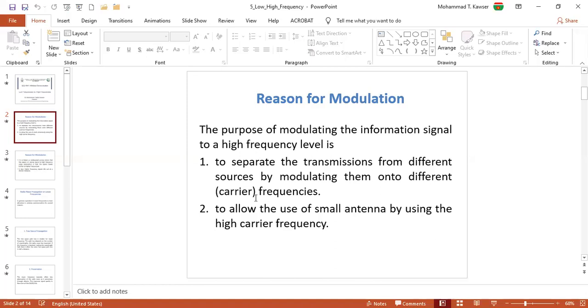The second reason is the use of smaller antennas. Now think of wired communication: do you have these reasons there? If you want to use wired communication, antenna is not there. Yeah, definitely. Now, what about the first reason?